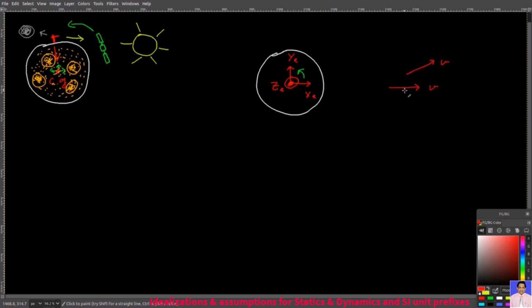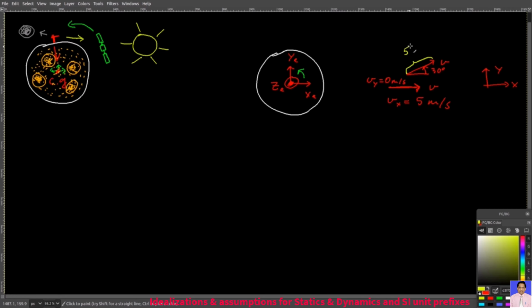For example, here we can say that Vx equals 5 meters per second, but then Vy equals 0 meters per second. If we assume that this is x and this is y, then this velocity vector does not have a component in the y direction. But now the velocity vector has an angle of 30 degrees here.